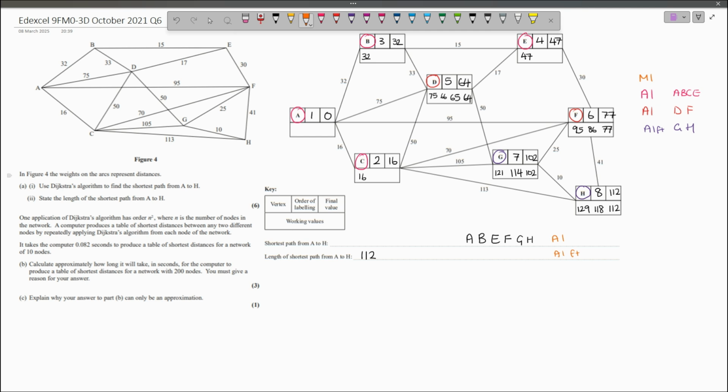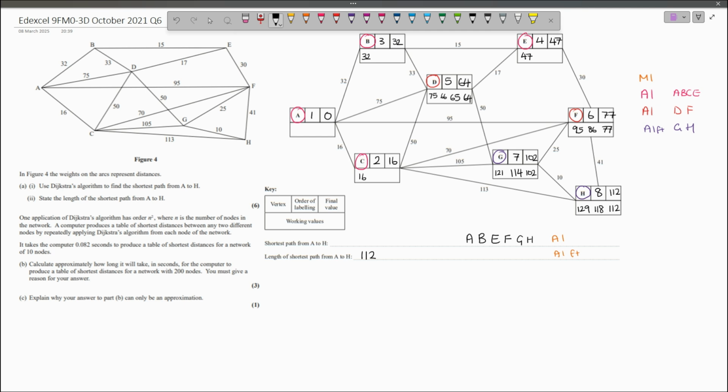Okay, question B. One application of Dijkstra's algorithm has order n squared, where n is the number of nodes in the network. And a computer produces a table of shortest distances between any two different nodes by repeatedly applying Dijkstra's algorithm from each node of the network.